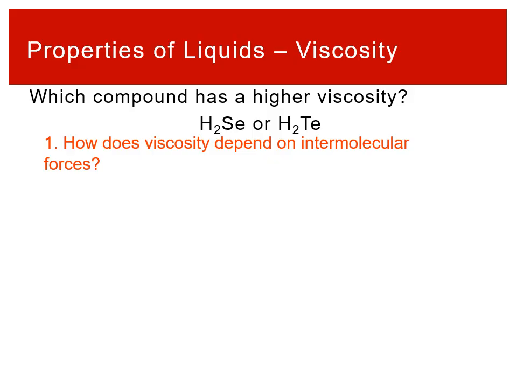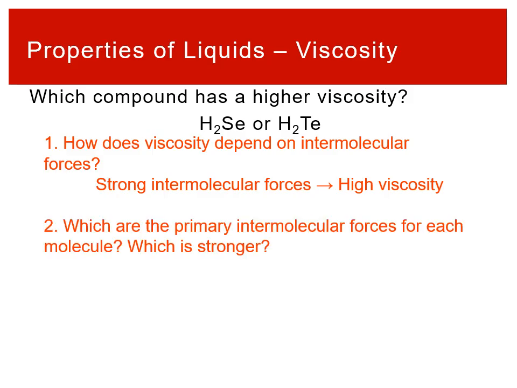And we know strong intermolecular forces mean high viscosity, high resistance to flow. So what are the primary intermolecular forces for these molecules, and which one is going to be stronger? That means we need to draw the Lewis structures.